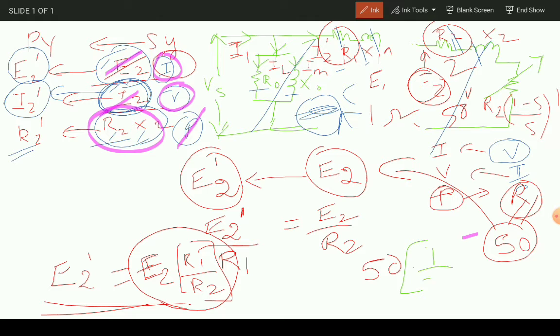So 1 by 2, so 50 by 2 becomes 25 volt. So this 50 volt in the secondary, when it goes to primary, becomes 25 volt, when R1 is 1 ohm and R2 is 2 ohm. So this is the way we have to calculate.